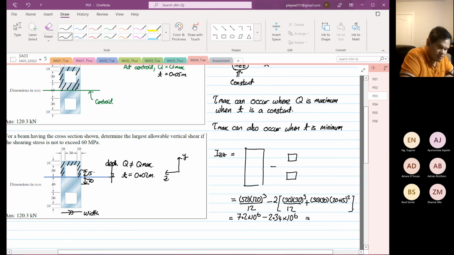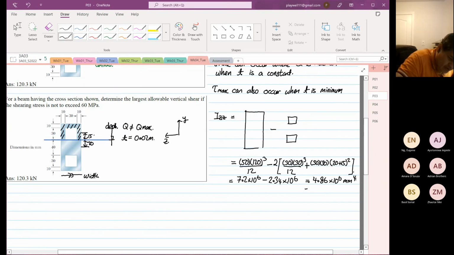So this is equal to 7.2 minus 2.34, which is 4.86 times 10 to the power 6 millimeter 4, equal to 4.86 times 10 to the power minus 6 meter 4. What I propose is we go for a 5 minute break and then we come back.